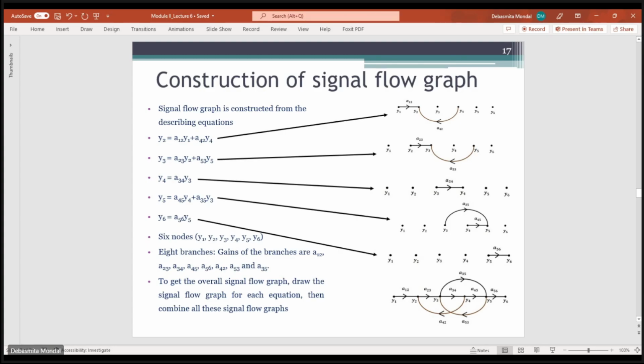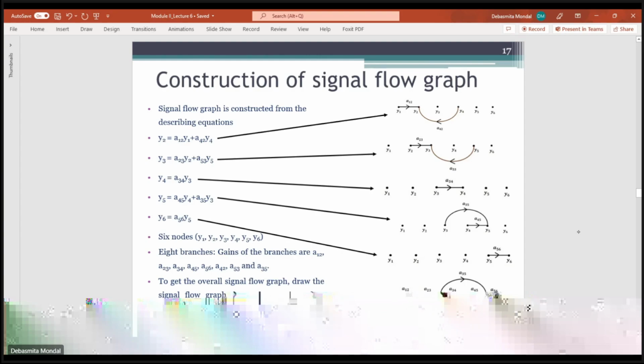We have to draw the signal flow graph. What we'll do first is draw a graph corresponding to each equation, and then at the end combine all the graphs together to find the final signal flow graph.